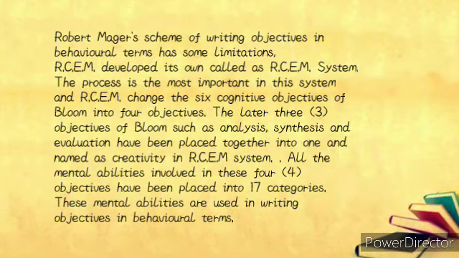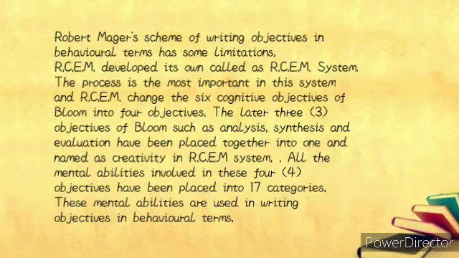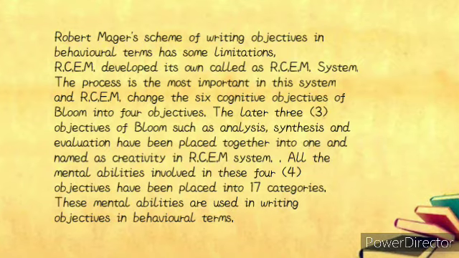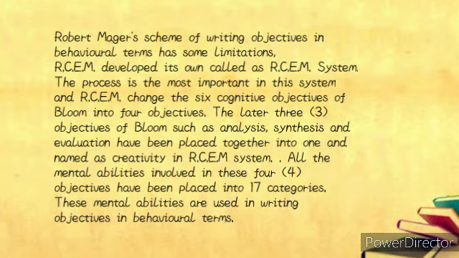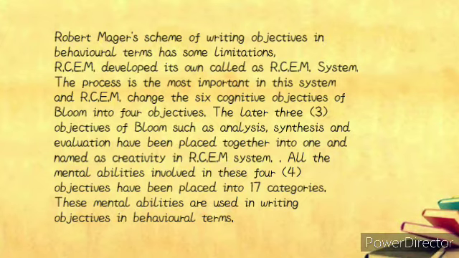The latter 3 objectives of Bloom, such as analysis, synthesis, and evaluation, have been placed together into one and named as creativity in the R.C.E.M system. All the mental abilities involved in these 4 objectives have been placed into 17 categories. These mental abilities are used in writing objectives in behavioral terms.